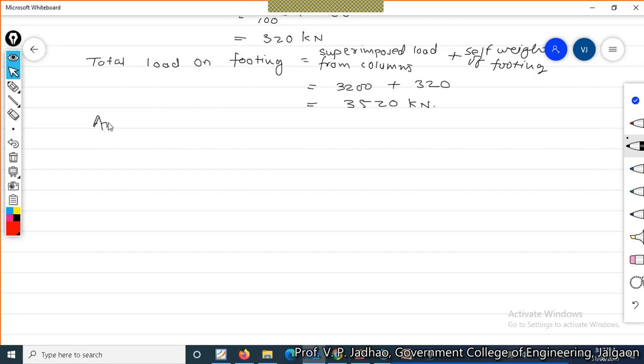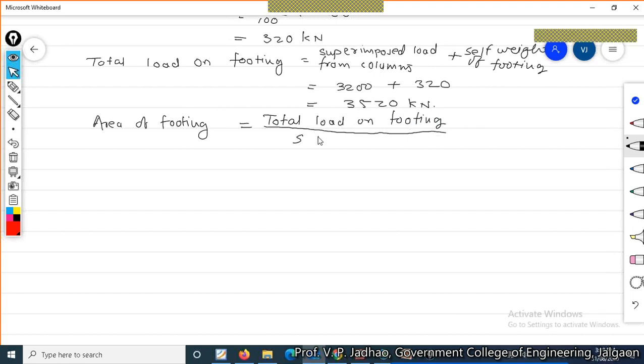The area of footing is equal to the total load on footing divided by the safe bearing capacity, because SBC is equal to total load divided by area of footing.